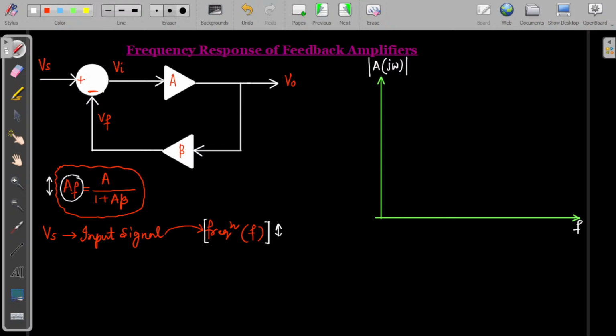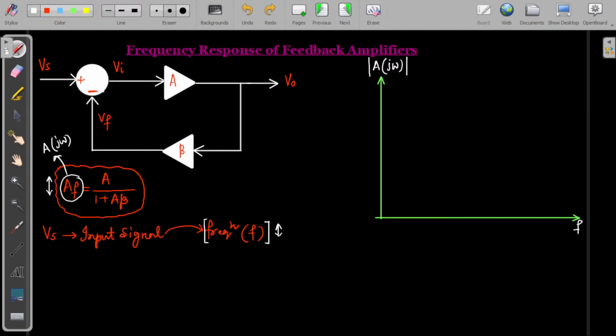This AF, if I write it in terms of omega, I am just writing it as A(j omega). Okay, AF means this A. So do not take this as the basic amplifier gain. We are just writing A, but actually it is the total feedback amplifier gain.